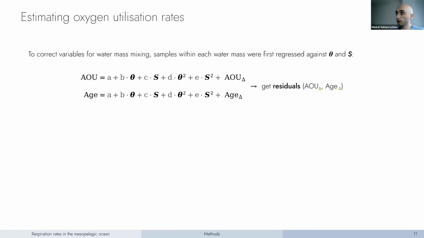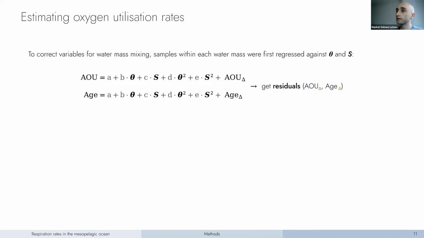So in terms of the actual estimate of the respiration, in terms of oxygen utilization rates, instead of using the absolute values of oxygen, once it is computed as apparent oxygen utilization and the ages, we first did a simple correction to remove the variability associated with the mixing of these water masses, because we were interested in the variability associated with biogeochemistry.